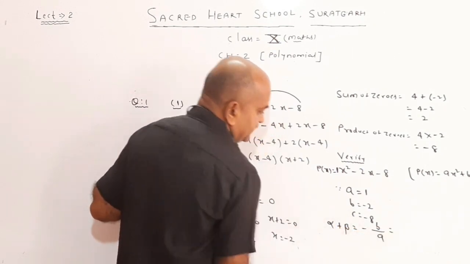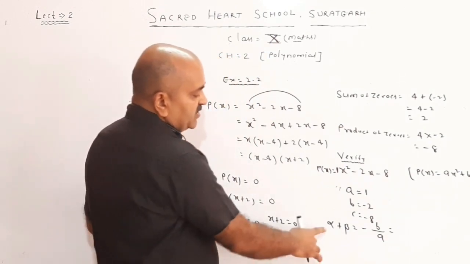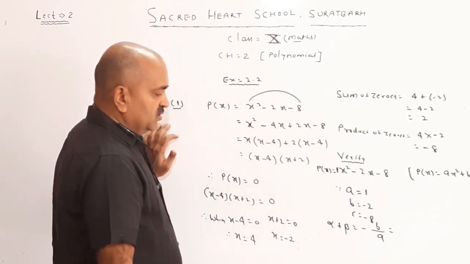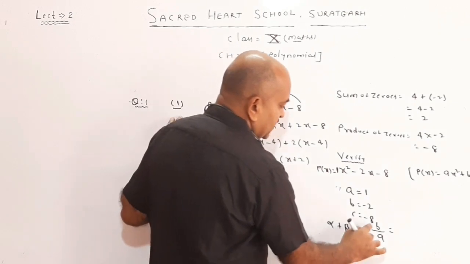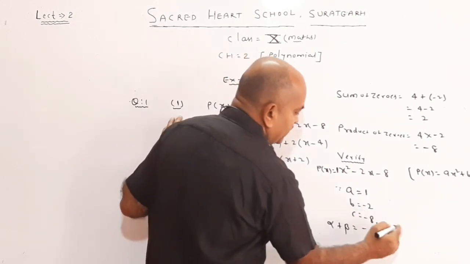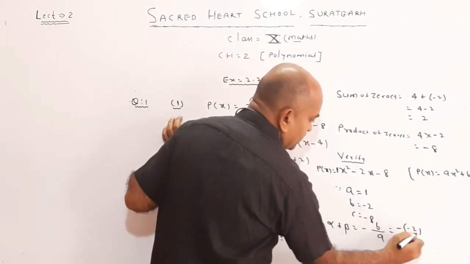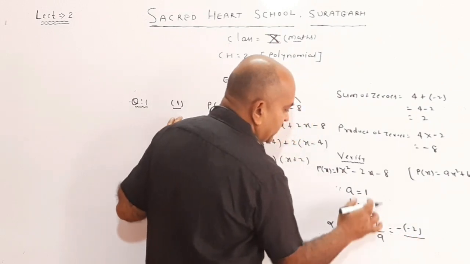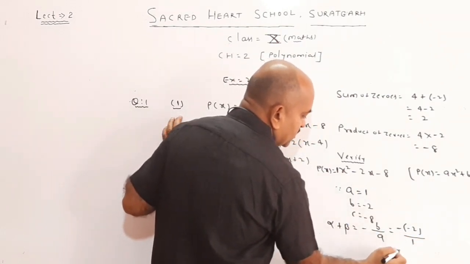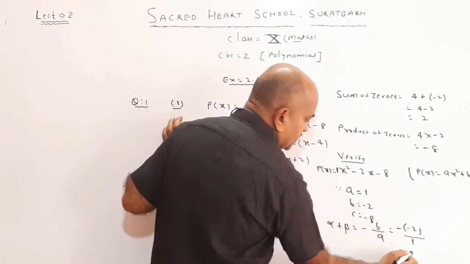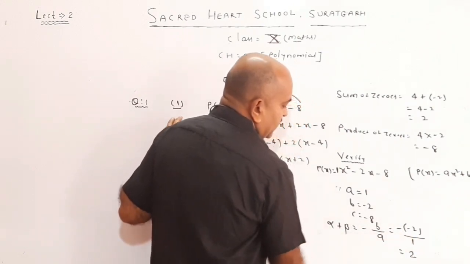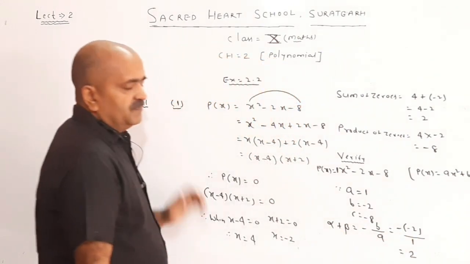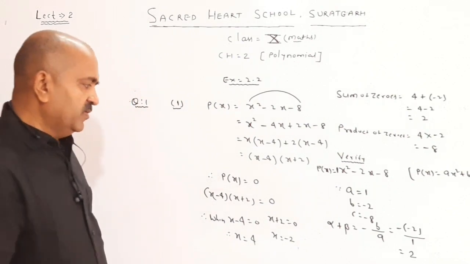Minus b by a. Alpha plus beta means sum of zeros. Yes, students, minus b by a. What is the value of b? Minus 2. What is the value of a? 1. So minus minus plus 2. It means alpha plus beta equals 2, we obtain.